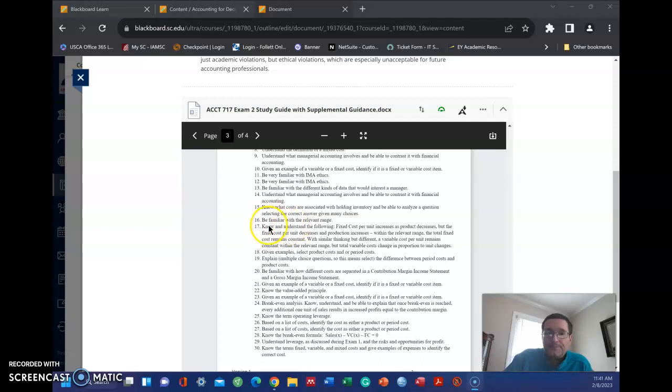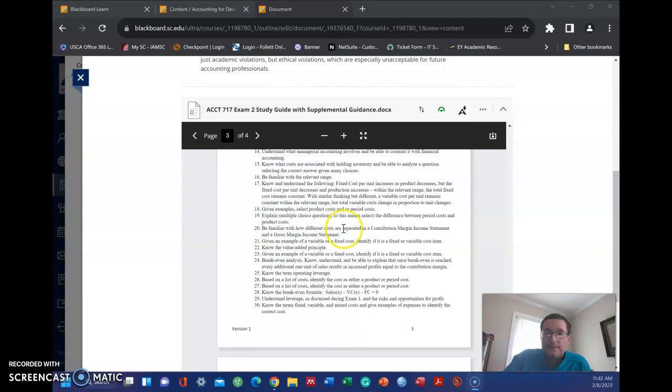Then 17, I just touched on it. Another example where you watch the video that I talked about earlier. Another video. Now you need to know the difference between contribution margin income statement and gross margin. Let me tell you right now, gross margin is GAAP. That's what's reported externally. Contribution margin is internal. And the contribution margin leads us to all sorts of concepts that we talk about in our material for this exam.